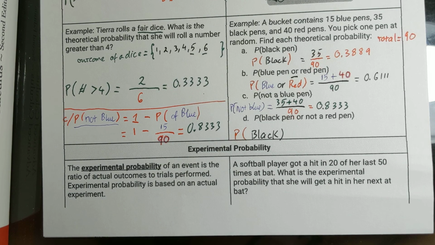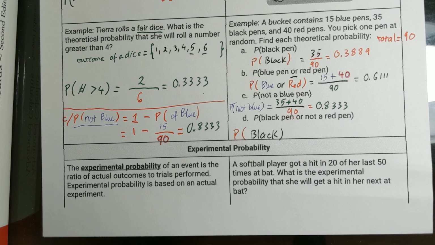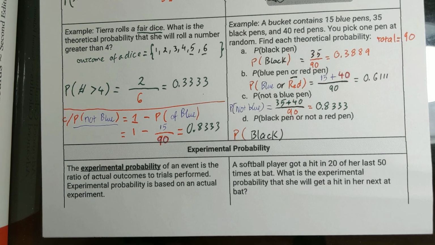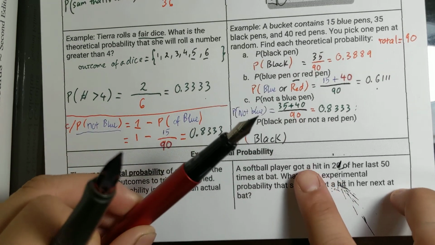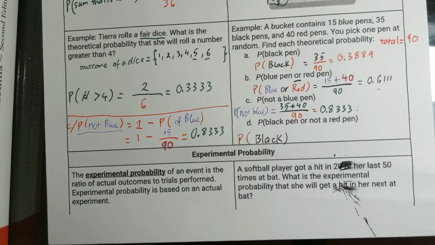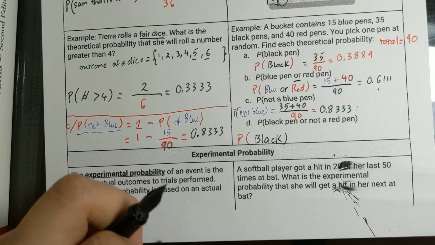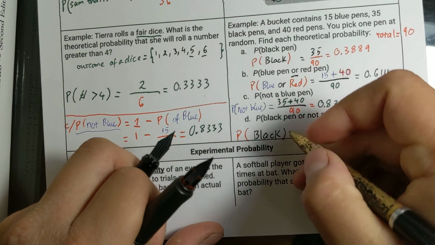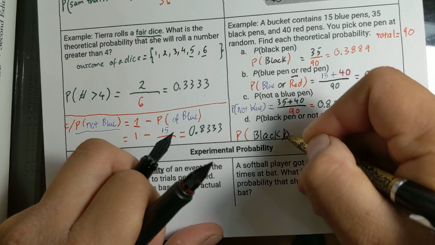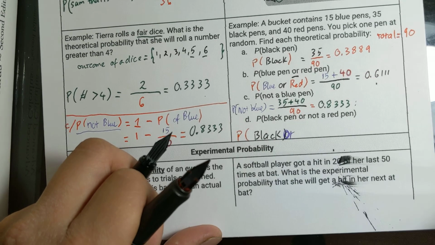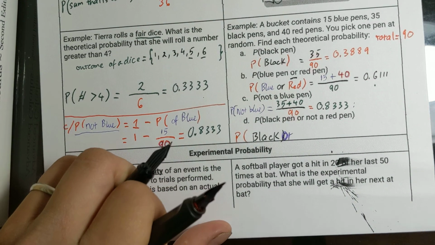We don't. So, hold on. But wait a minute. We have a blue pen too. Oops. So the probability of black or not a red pen, meaning it could be blue, right? Yeah, black or not blue. So in here, change it. I closed the parentheses too fast. Basically it asks you black or blue.